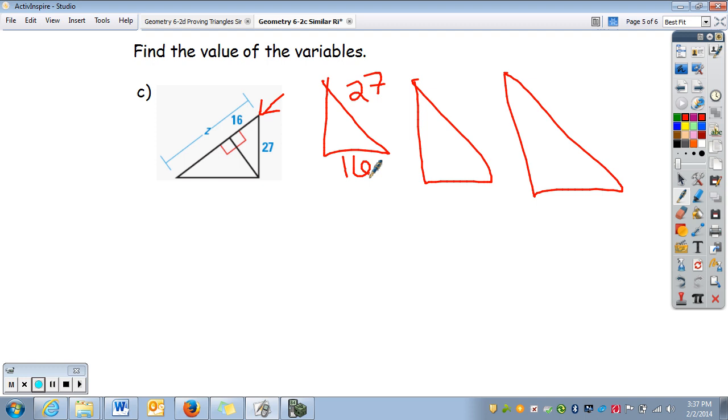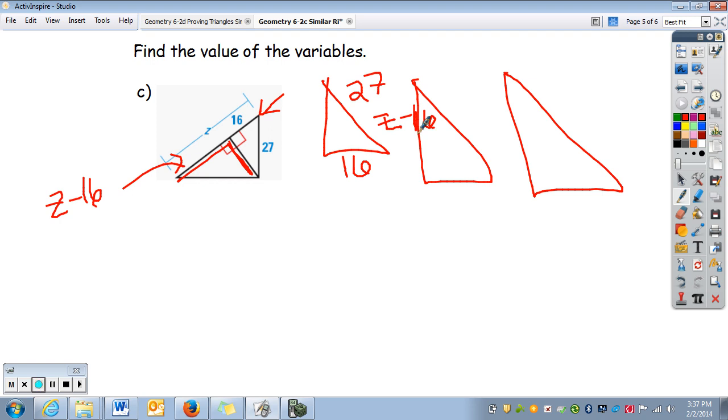And I do not know my long leg. Then on this triangle, this length right here is z minus 16, because I know z, and then I have 16. I have a feeling that's not going to do us any good. And that's all I know on that triangle.